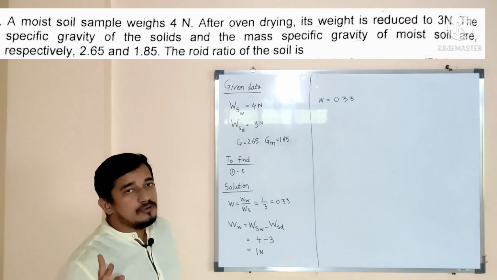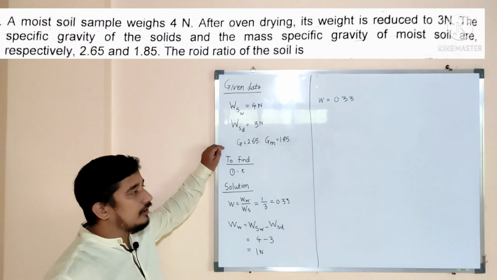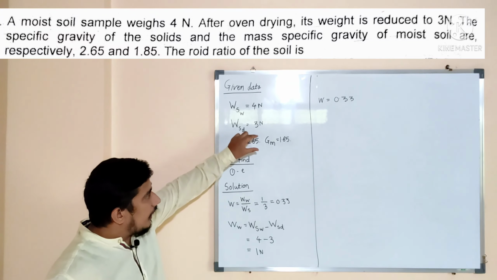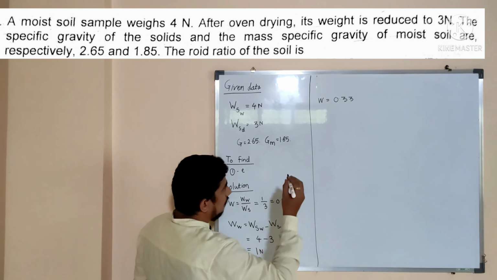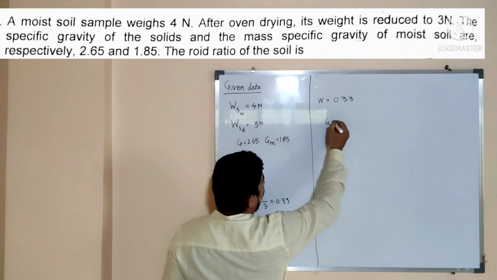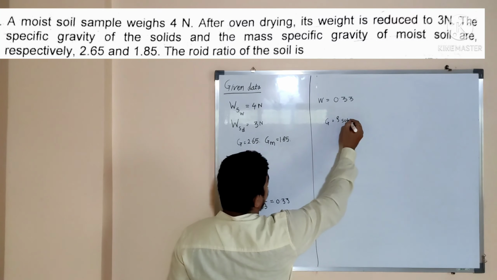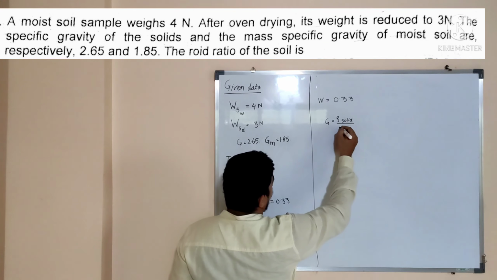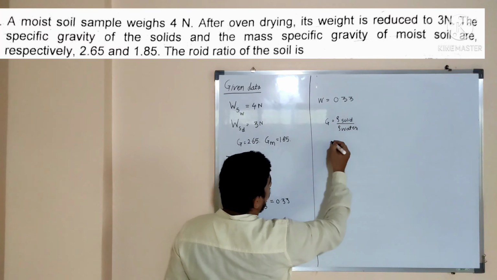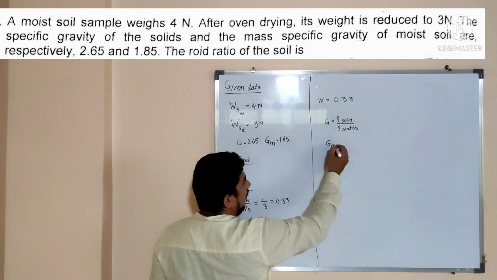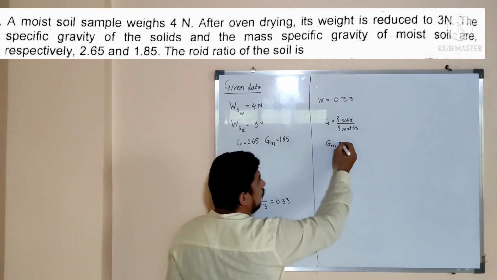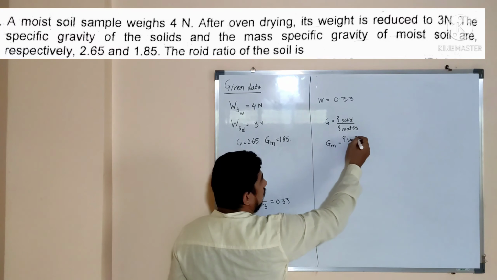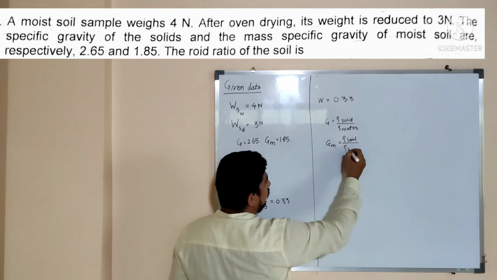Now we are given the 2 specific gravities, specific gravity of solids and mass specific gravity. So when I say G is equal to rho of solids upon rho of water, but when I say Gm, that is nothing but the mass specific gravity, then it becomes rho of soil upon rho of water.